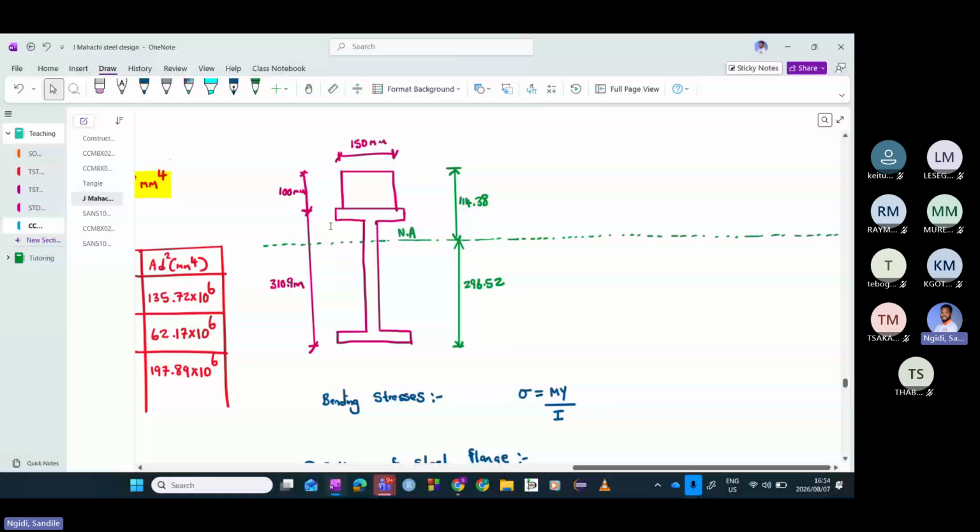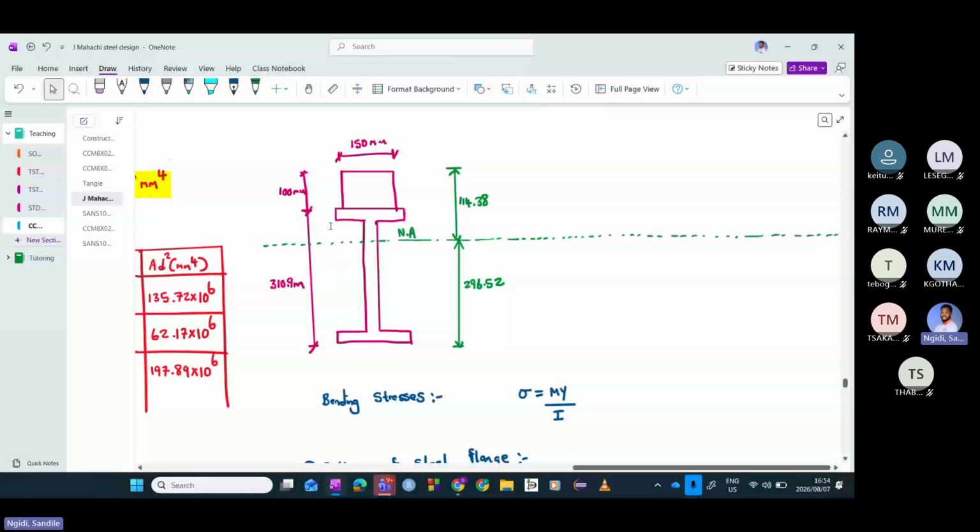So when you do this calculation, what value of stress do you get then? 6.59 MPa. Thank you. So that's the bending stress that you will get at position number 2.